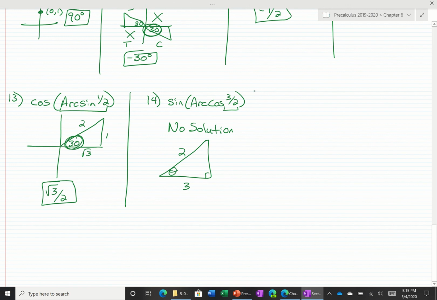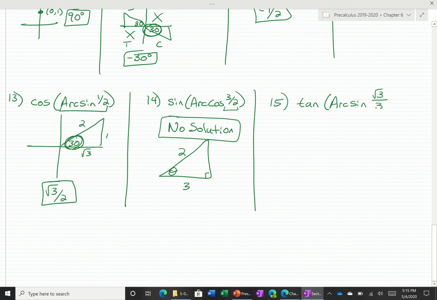Okay, and our last problem, number 15. Number 15 says we want to find the tangent of the arc sine of √3/3. All right, what angle gives us a sine of 1/√3?